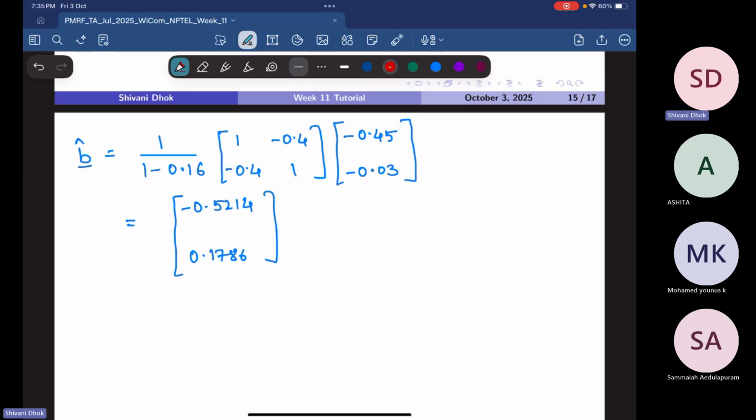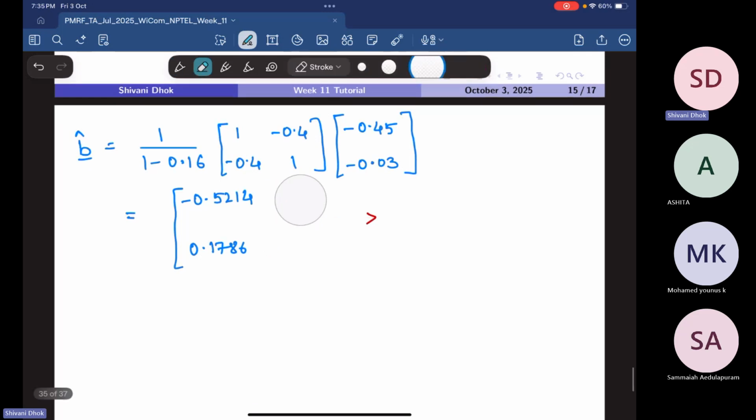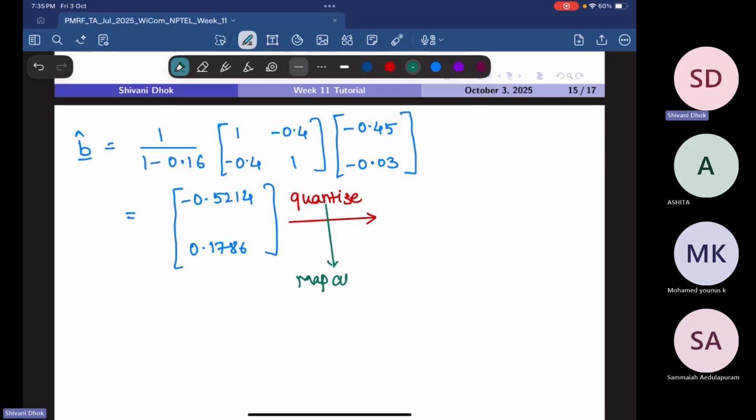And when we need to quantize it, we'll push all the negative values to -1. So what we will do in this is map all negative values to -1, and map all the positive values to 1.